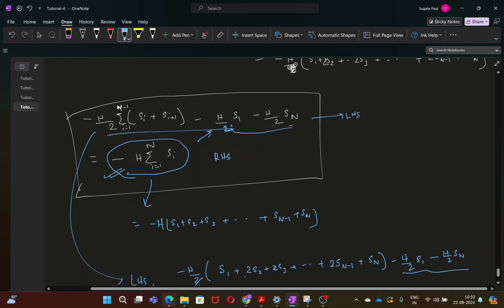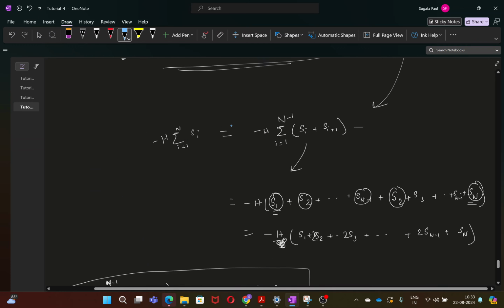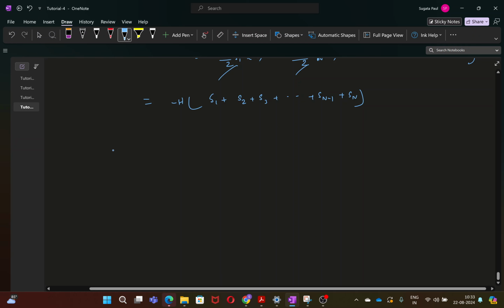So if that is the case, then we can form our total energy for this structure: the total energy E is equal to simply minus h by 2 S1.